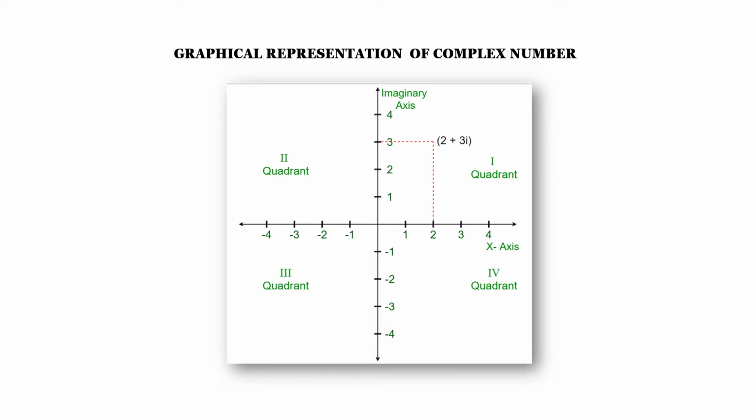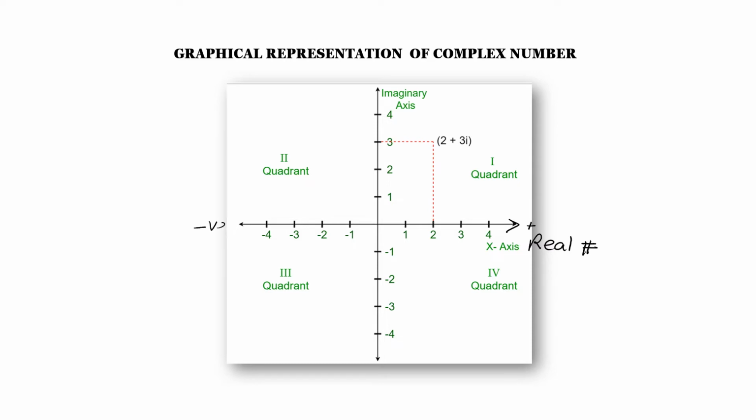Now, if you want to represent the complex numbers or the conjugates of the complex number on the graph, then you must know that the x-axis represents the real numbers. On the right hand side, they are the positive real numbers.